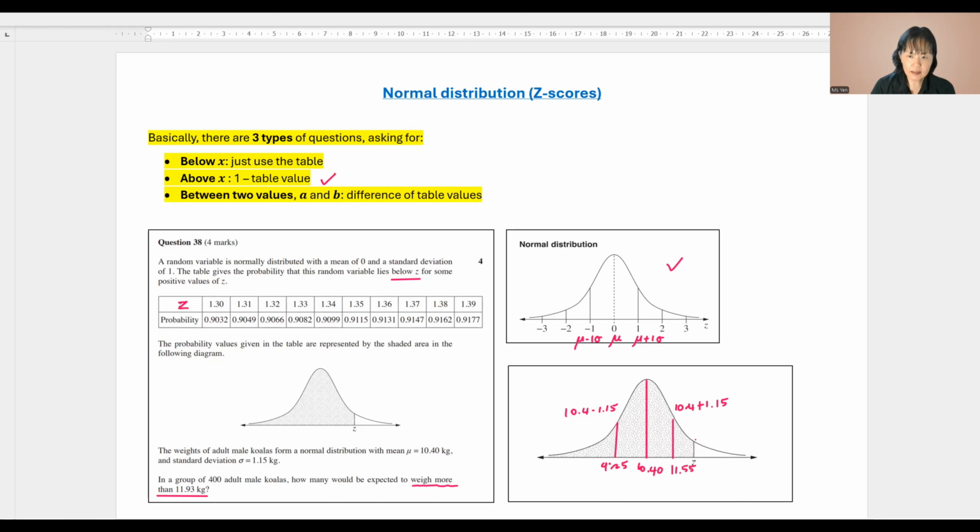This z is 11.93. We need to find the z-score that is going to represent the below the 11.93 kilograms.